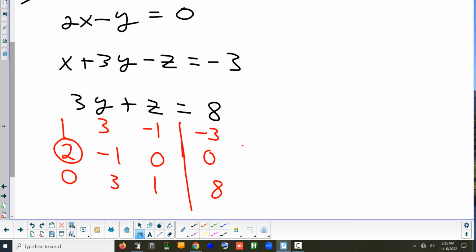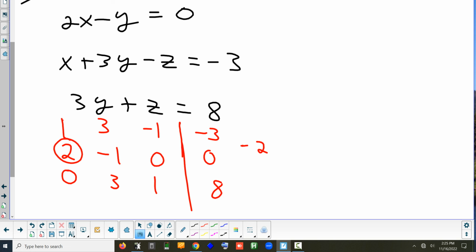Row 1 and row 3 do not change this time. Just row 2. So, what would you multiply by? Tell me what you would do. -2. Multiply that and add it to the second row. So -2 times the first row, and add it to the second.